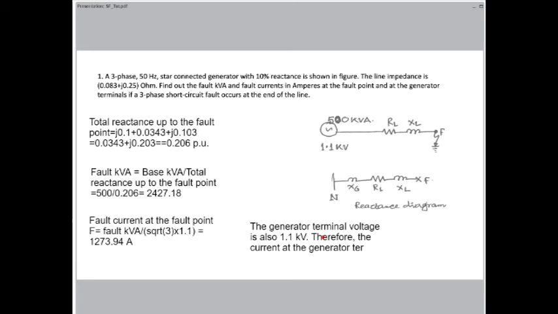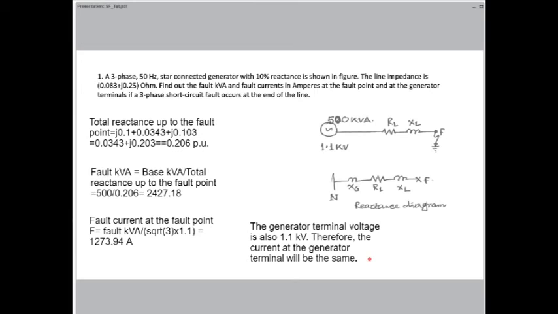Understand that the generator is also at 1.1 kilovolt, like the fault point. So if you do the calculation for kVA over the voltage multiplied by square root 3, we will get the same current. So the current will be the same.